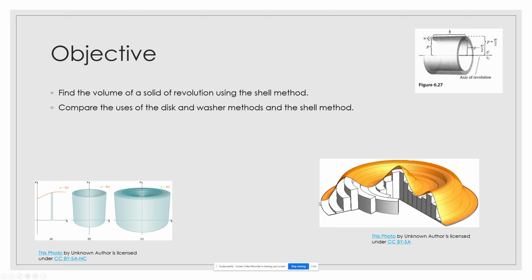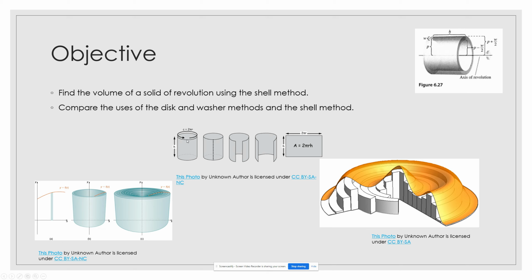So how do we find the volume of one of those cylinders? Because in order to find the total volume, we need to find the volume of each individual cylinder and then add them up. To find the volume of a cylinder, you take the circumference and multiply it by the height, and that's going to give you the surface area of that shell.